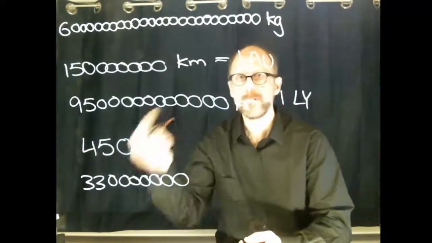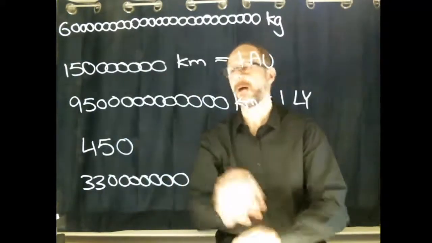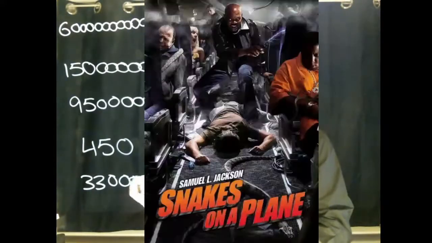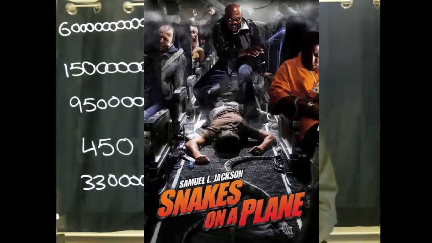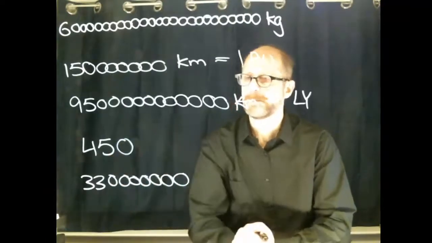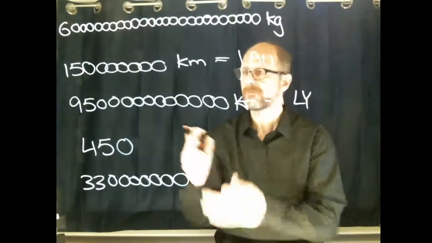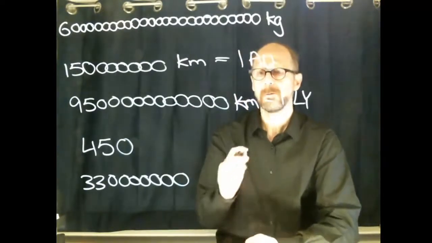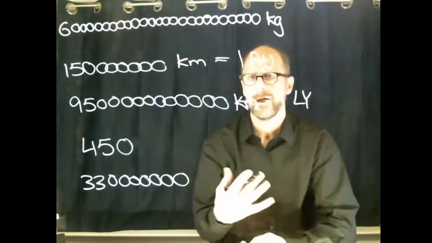And so I've got two examples here that are not astronomical in nature. 450, that is the number of snakes that were used in the filming of Snakes on a Plane. Now, in order to write 450 in scientific notation, let's review real quick exponents.